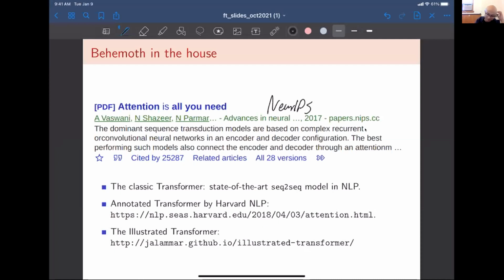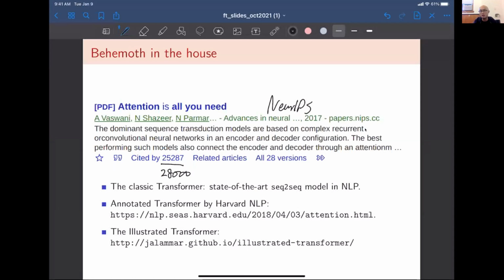It has a fancy title and lots of citations. I prepared this slide back in August, and I think this number is at least 28,000 already. That's just my estimate based on a monthly extrapolation of citations. It's pretty crazy. It's huge in the natural language processing community. Right now in NLP, the transformer is the only model, and everyone is using it.